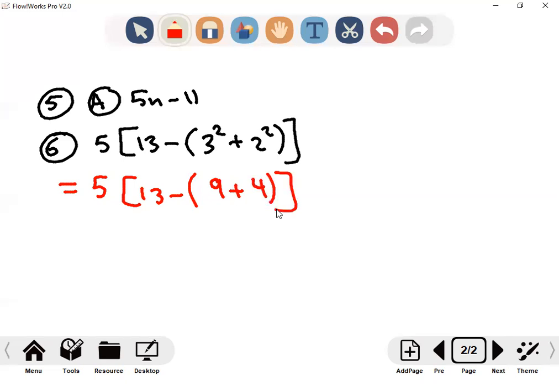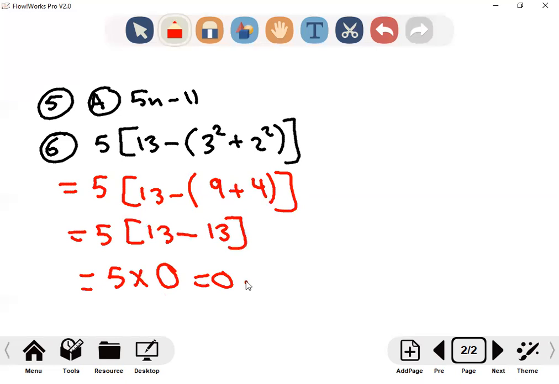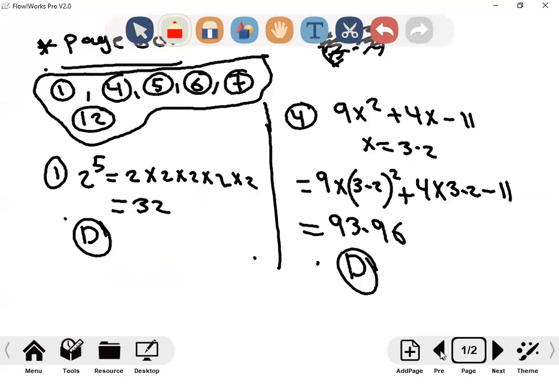Did we get rid of the parentheses yet? Not yet. We do another step. So this is equal to 5 with 13 minus 13, which is 5 multiplied by 0, which is what? This is question 6. Copy the steps, guys.